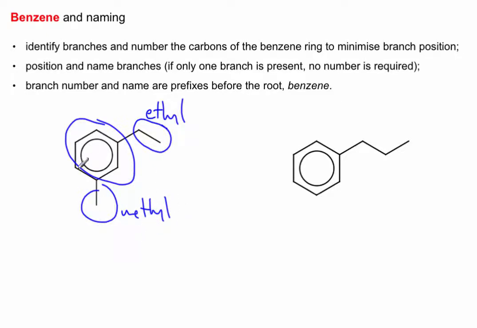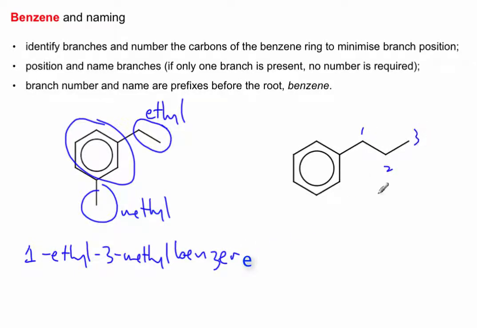It's a ring, so we position to minimize the numbering. We list alphabetically, so we must start with ethyl first. So on carbon 1 will be ethyl, carbon 3 methyl, benzene.